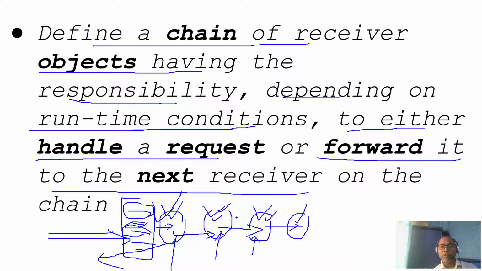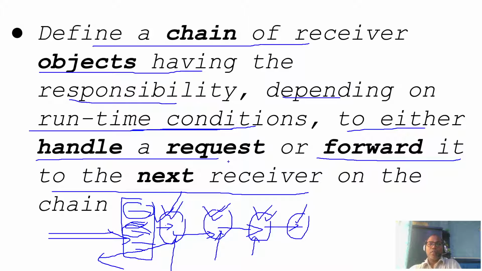That is what gives you high cohesiveness. The basic principle is that one object must serve only one purpose so that it can be used in different places. So in chain of responsibility, for handling one request, only one receiver object is not responsible.